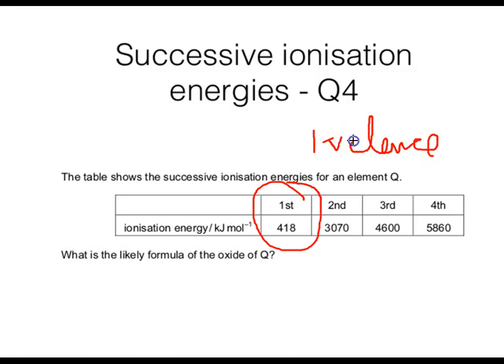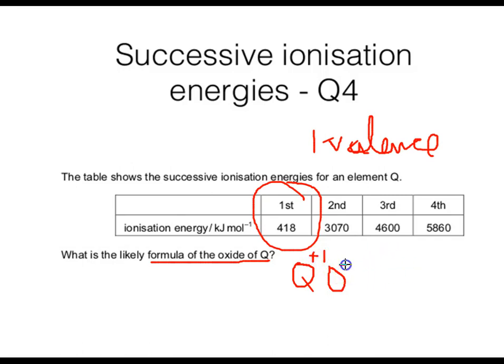Alright, so let's go back to the question. What would be the likely formula of the oxide of Q? That means when Q joins with oxygen, what would the formula be? Well, if Q has 1 valence, what charge do you think it's going to have? If it only has 1 valence, it's going to lose that 1 valence to be +1.